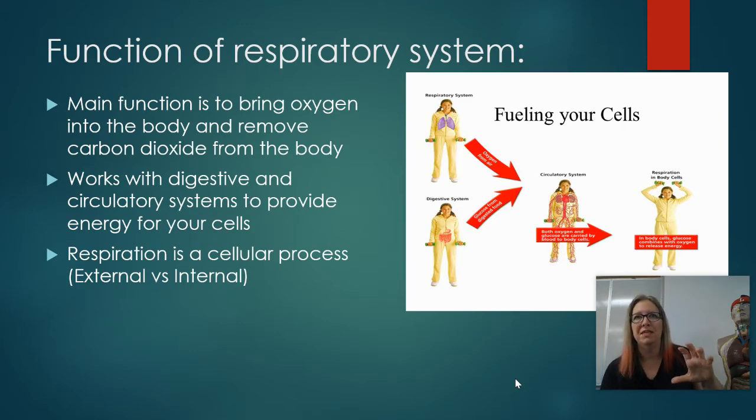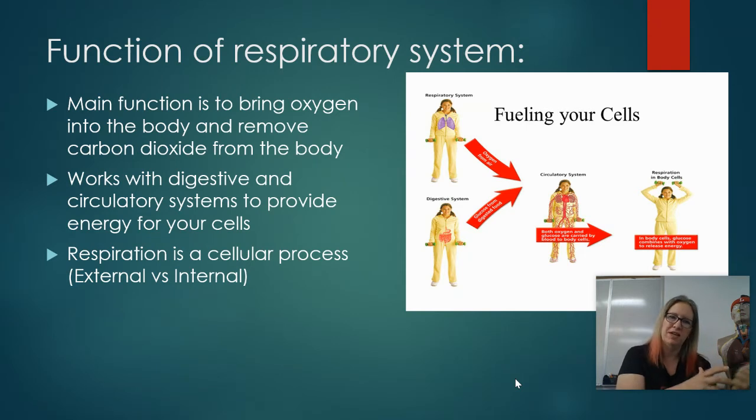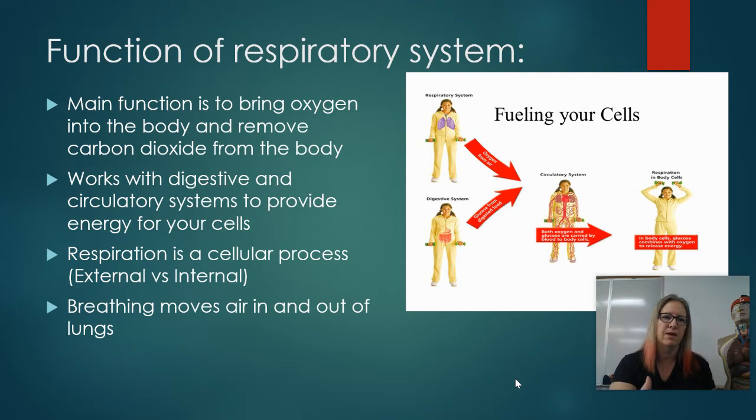But that glucose cannot be broken down or converted into energy by cellular respiration unless there's oxygen present. Remember, it's kind of the opposite of photosynthesis. Photosynthesis produces oxygen. Cellular respiration requires oxygen. So our respiratory system brings that oxygen in, our circulatory system transports those materials to the cells that need it, and then that process takes place, okay?